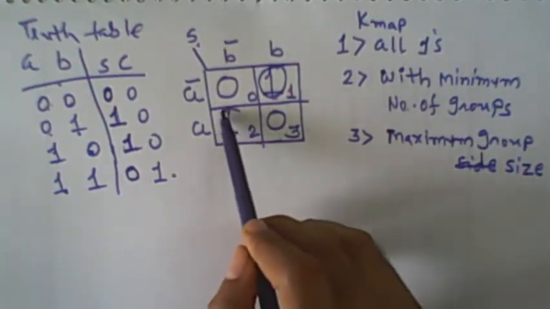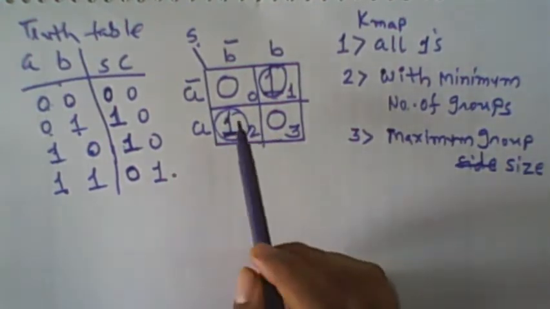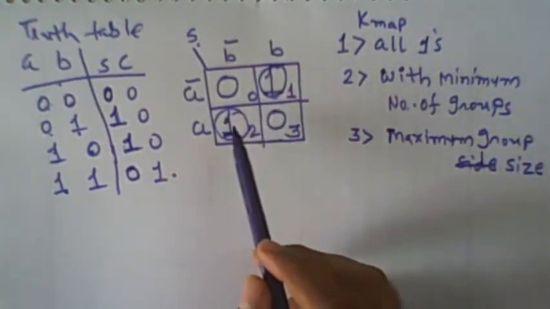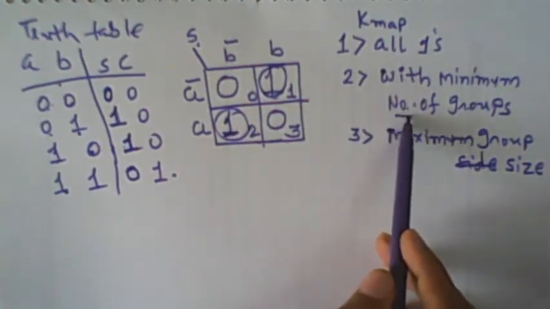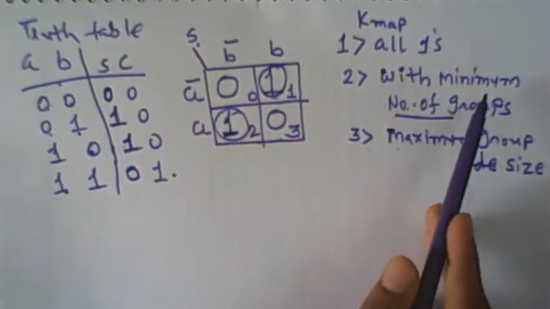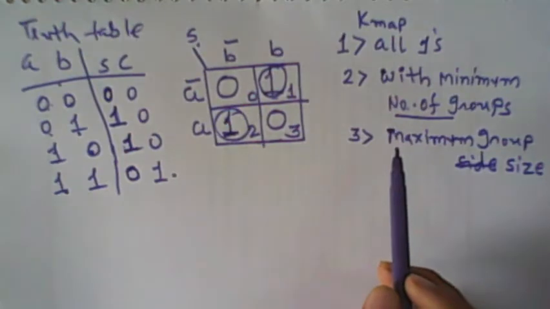So a group of 1, right? Once all the ones are covered, stop preparing extra groups, because our third rule is to cover all the ones with the minimum number of groups. So do not prepare the extra group, right?